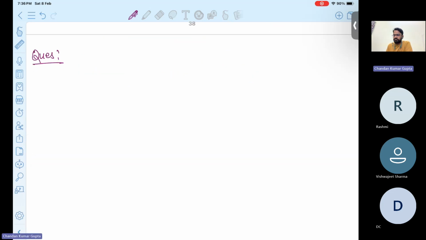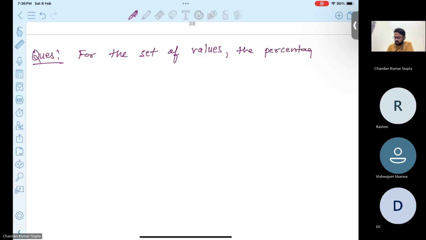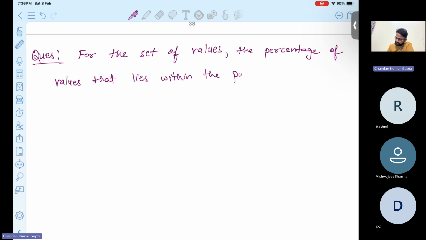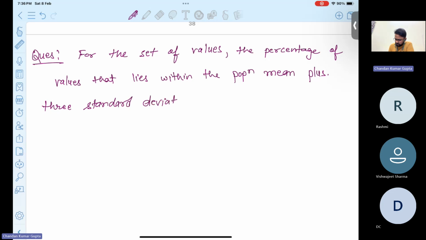find the set of values, the percentage of values that lie within the population mean plus or minus 3 standard deviations of the population.